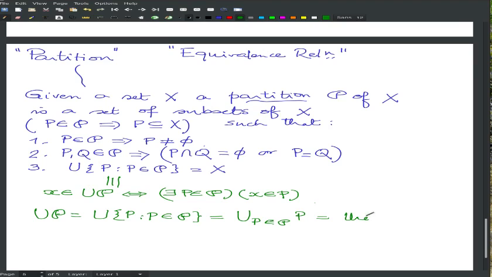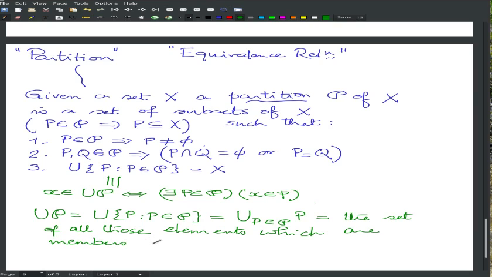This is the set of all those elements which are members of some P in script P. Okay?